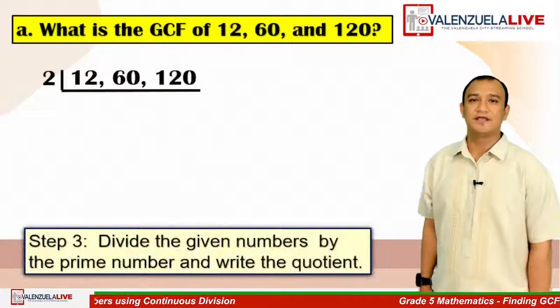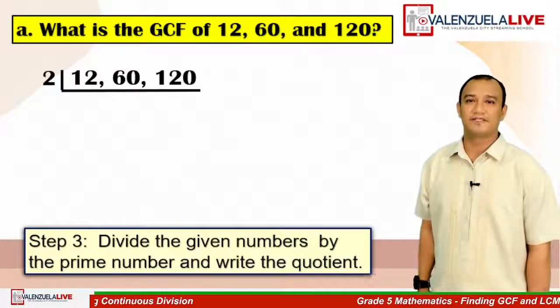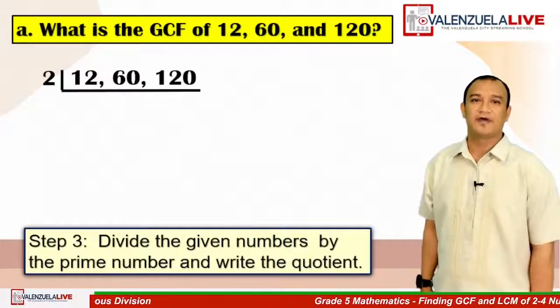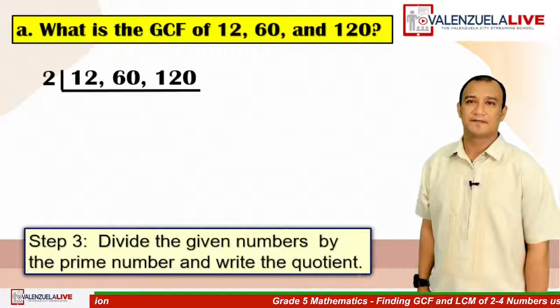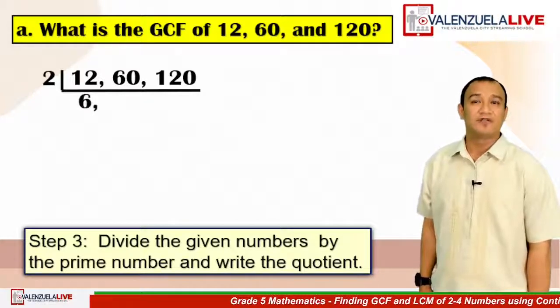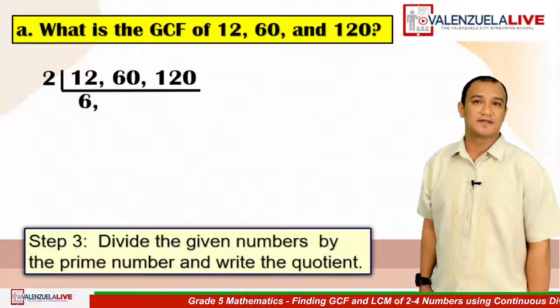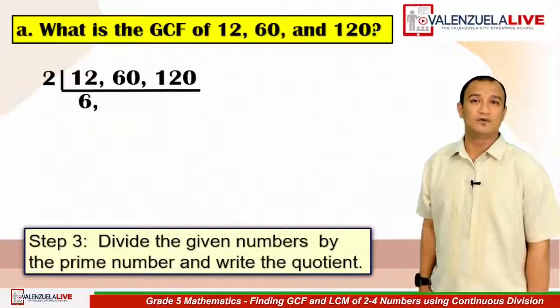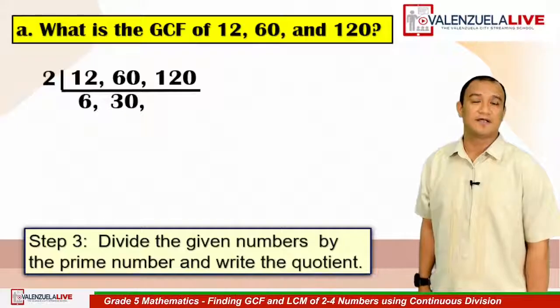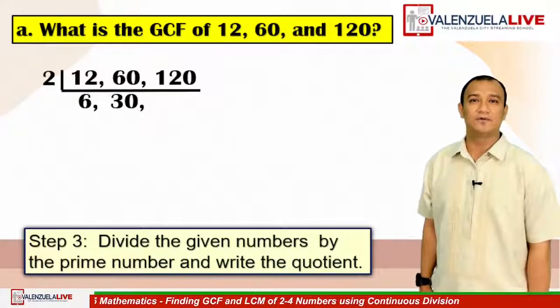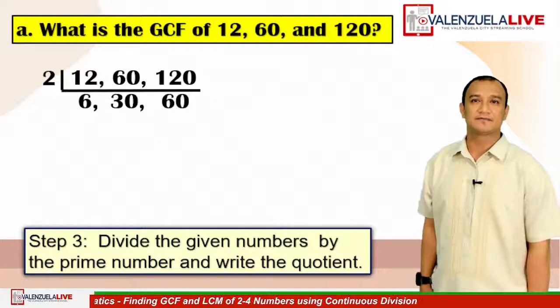For step 3, divide the given numbers by the prime number and write the quotient. So let's divide. 12 divided by 2 is 6. 60 divided by 2 is 30. And 120 divided by 2 is 60.